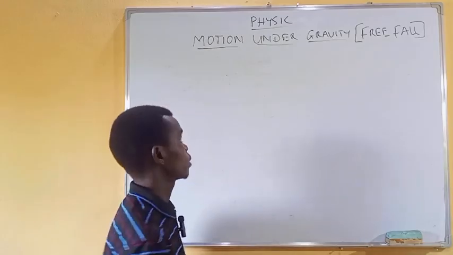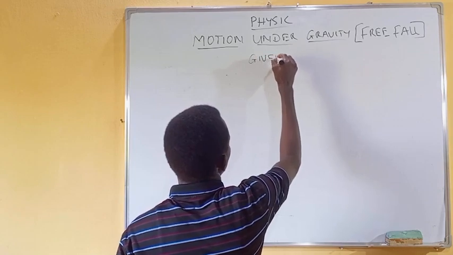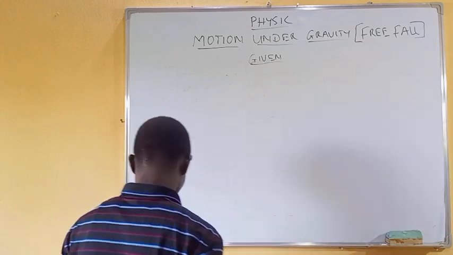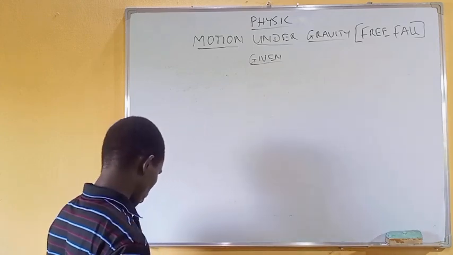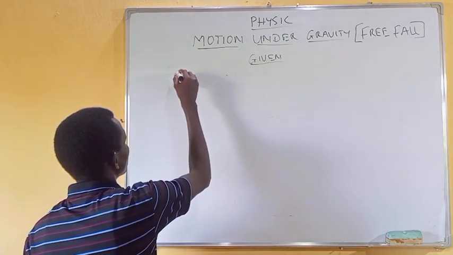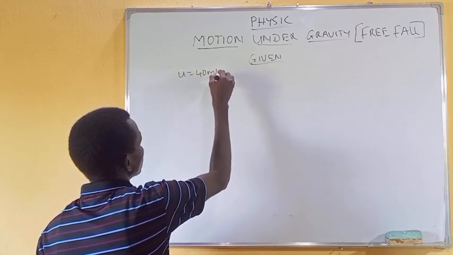Let's write out the given parameters. Given: the cricket ball is thrown vertically upward, that is, initial velocity is equal to 40 meters per second.